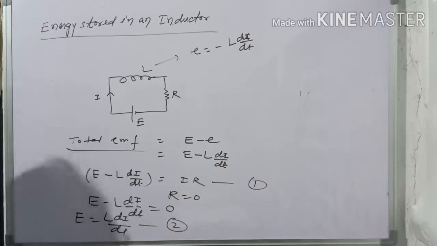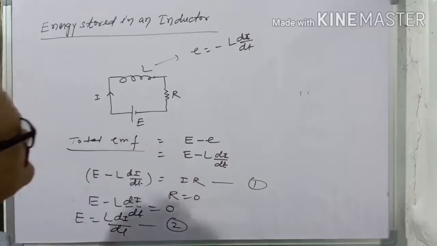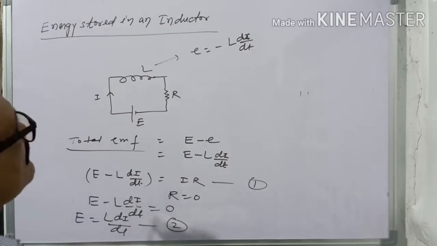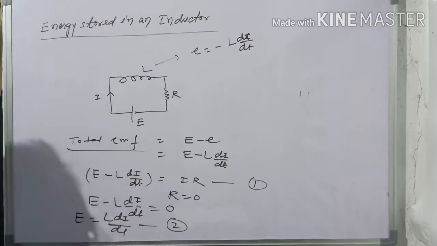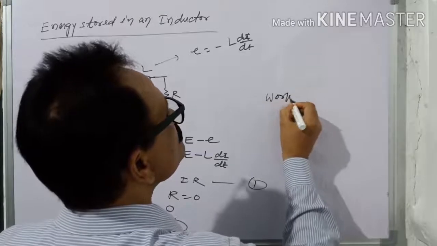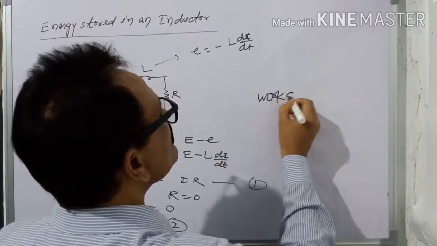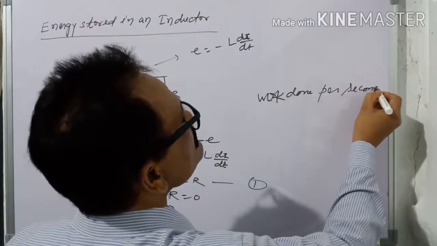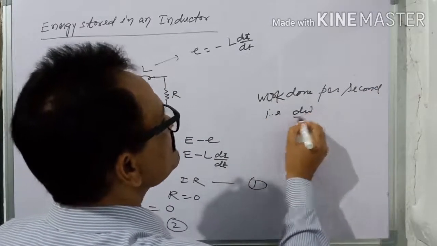Now, the battery has to do work in maintaining the electric current I, and you know that work done per second is the power, that is dW by dt.